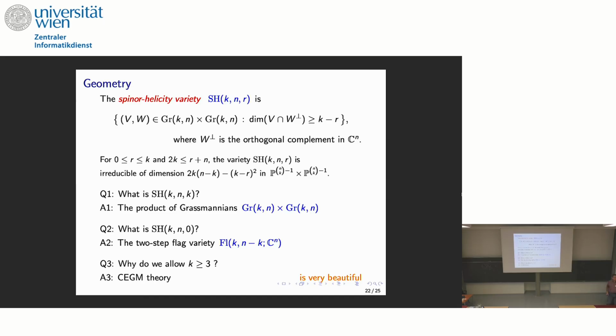Here r, let's say for you, is 0. Except if we go higher, so in CEGM, r will be k minus 1. In Freddy Cachazo's theory, the interesting r is k minus 1, but if k is 2, then that's 0.